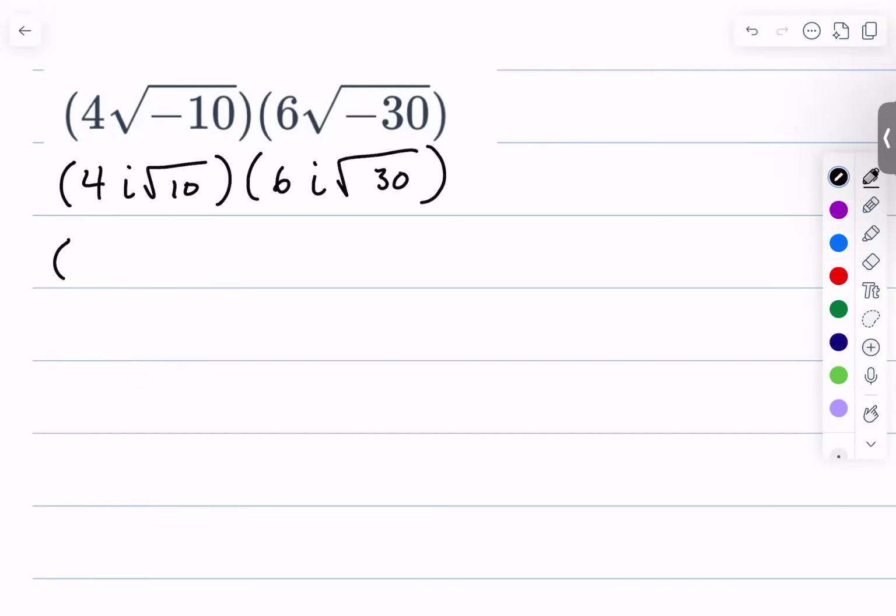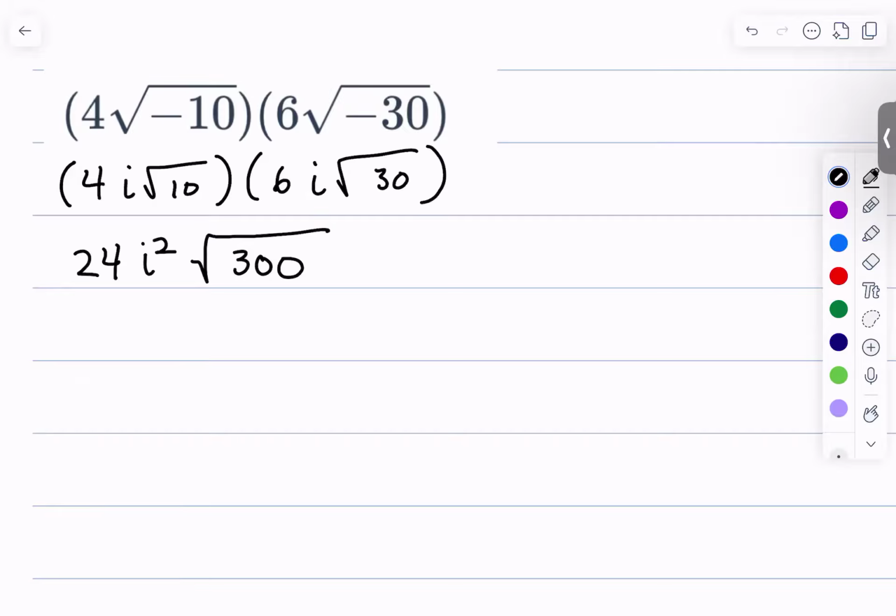Can I just go 4 times 6 now without writing out the work? Yeah. So 4 times 6 is 24. i times i, I'll just put i squared for now. Square root of 10 times 30 is 300.